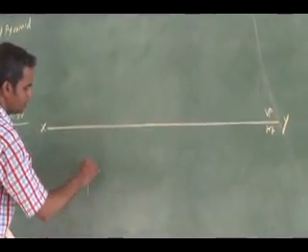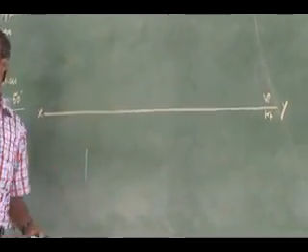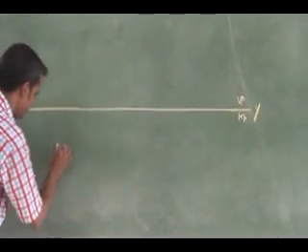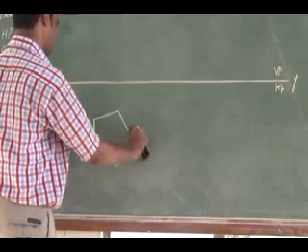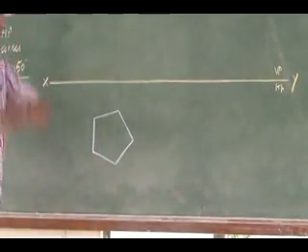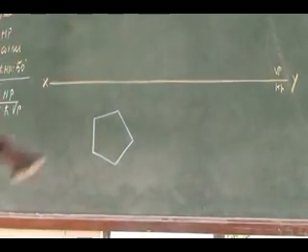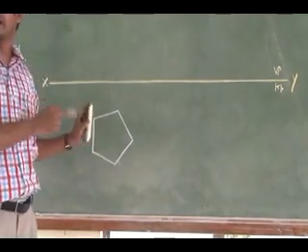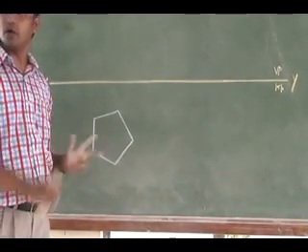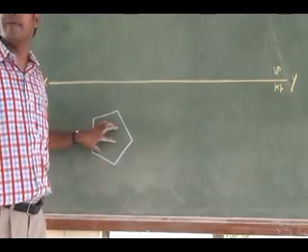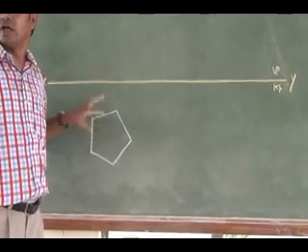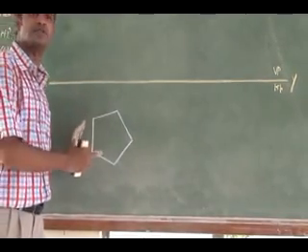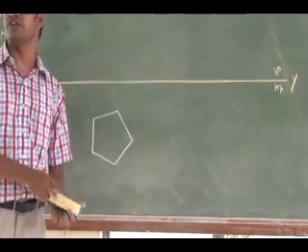Pentagon, you know. So you have only one orientation. See here, listen. Since the axis is inclined to HP, I have to draw the base on HP. I have drawn the base here. For a pentagon, I have only this orientation.